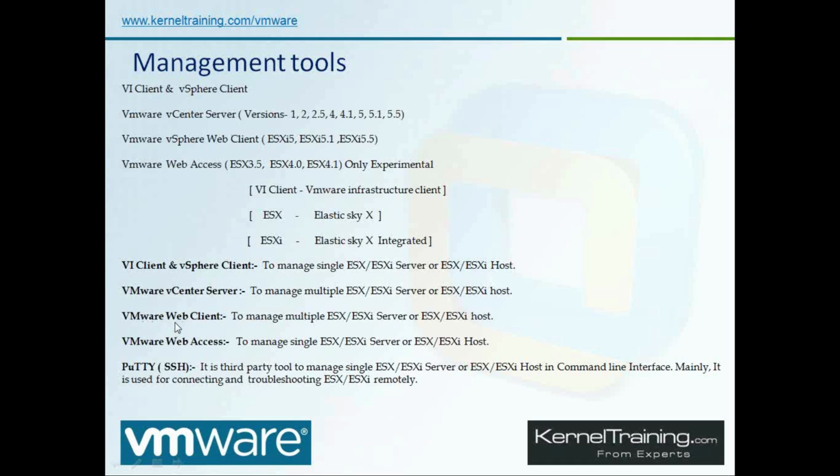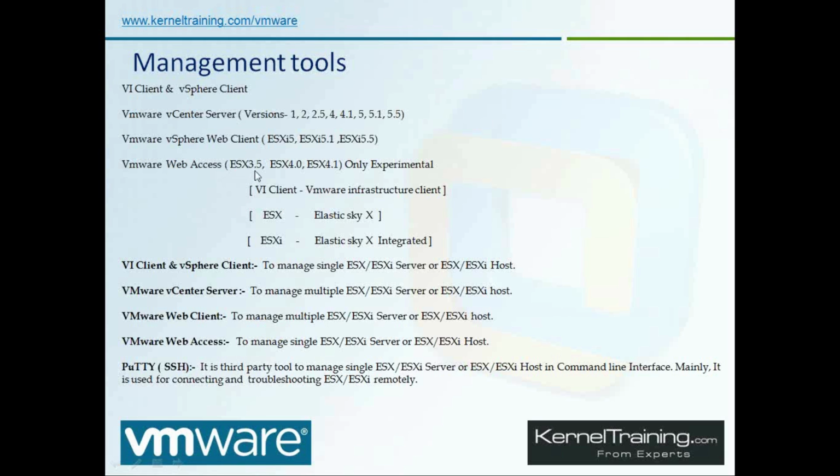We have the VMware web client, the vSphere Web Client. This web client is available only for ESXi 5, 5.1 and 5.5, and the latest one, ESXi 6.0, also. The web client we use to manage multiple ESX or ESXi servers. Now we have Web Access.